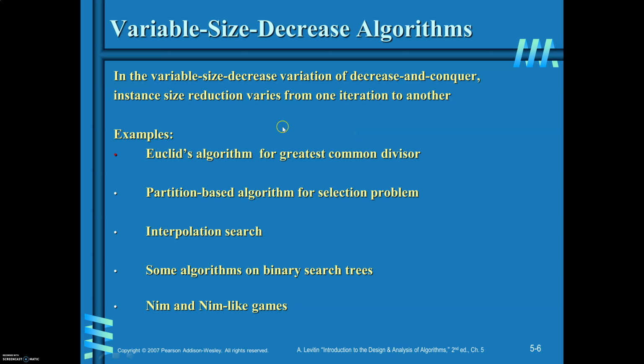So here it varies from one iteration to another iteration. So an example here is Euclid's algorithm for finding the greatest common divisor, the partition based algorithm for the selection problem, then interpolation search, then some binary search algorithms, NIM and NIM-like games.